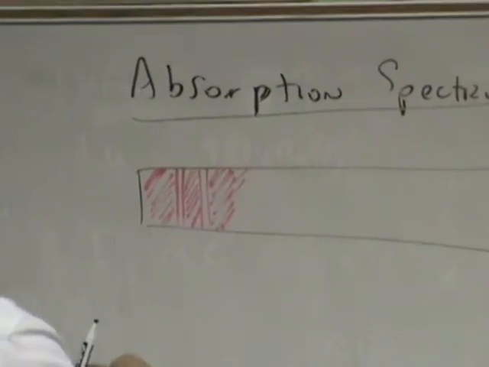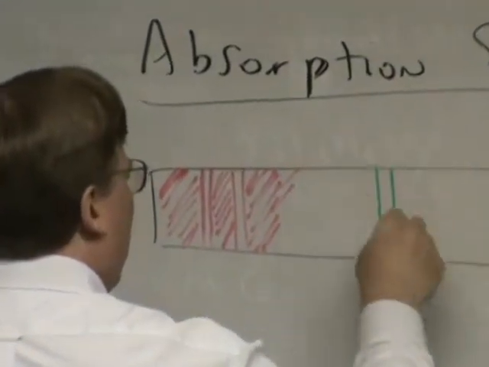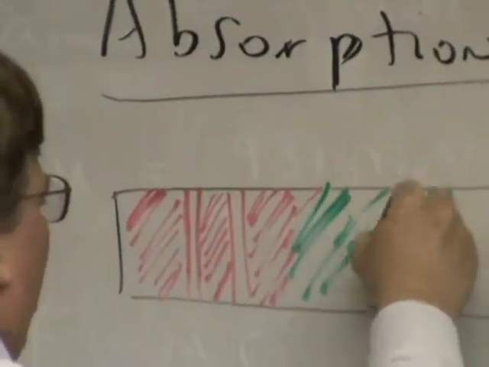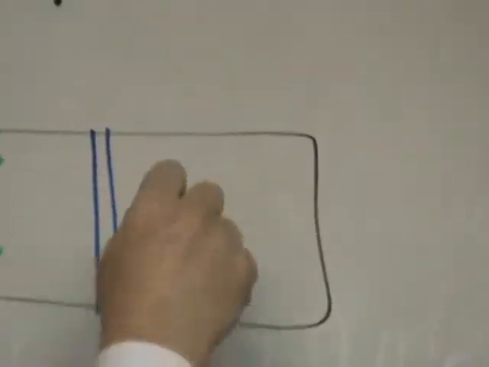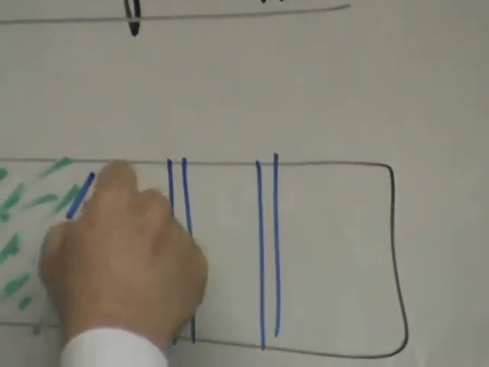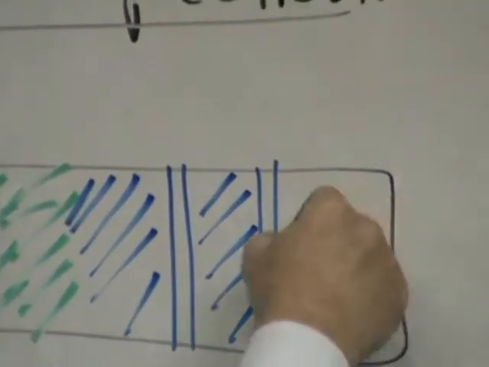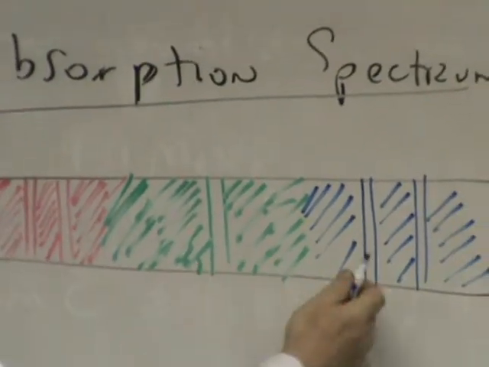And you'll have all of your green and orange and yellow, except for that green frequency that it absorbs, because the frequency of light that it gives off is the same as the frequency of light that it has to take in order to rise an energy level. You see? So this is your absorption spectrum, and this shows you where the gaps are.